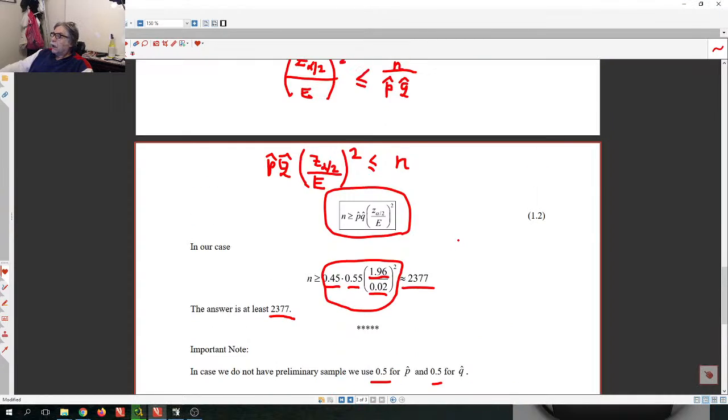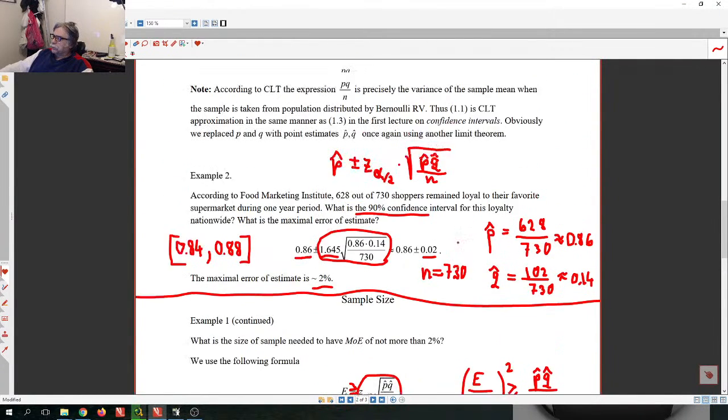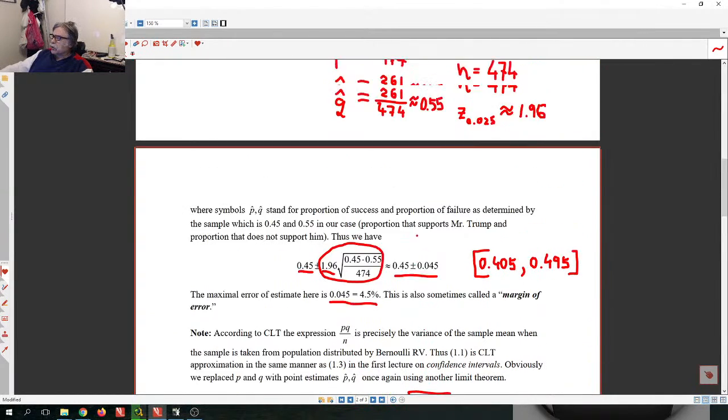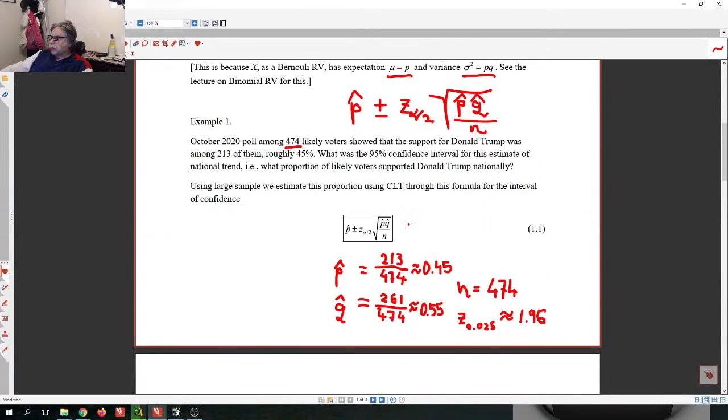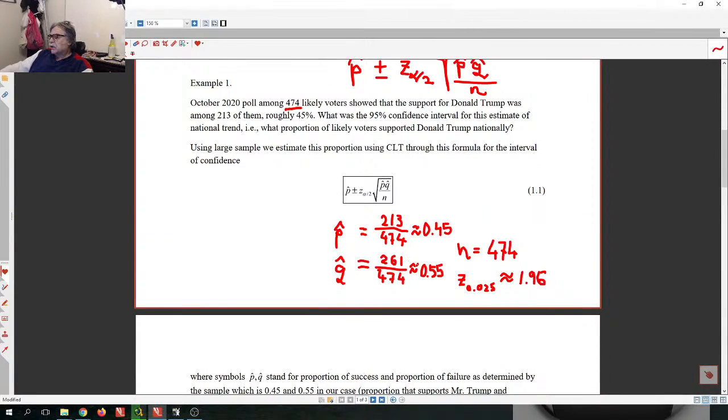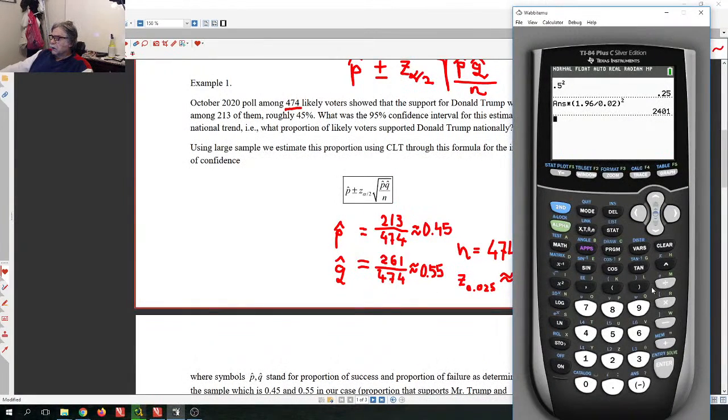All right. Another thing I want to show you, so this is about the sample size. Another thing I want to show you is how to calculate this by using your calculator. This is really not that difficult to calculate by using the formula. The formula is relatively simple, but if you use a calculator, you can do the same calculation.